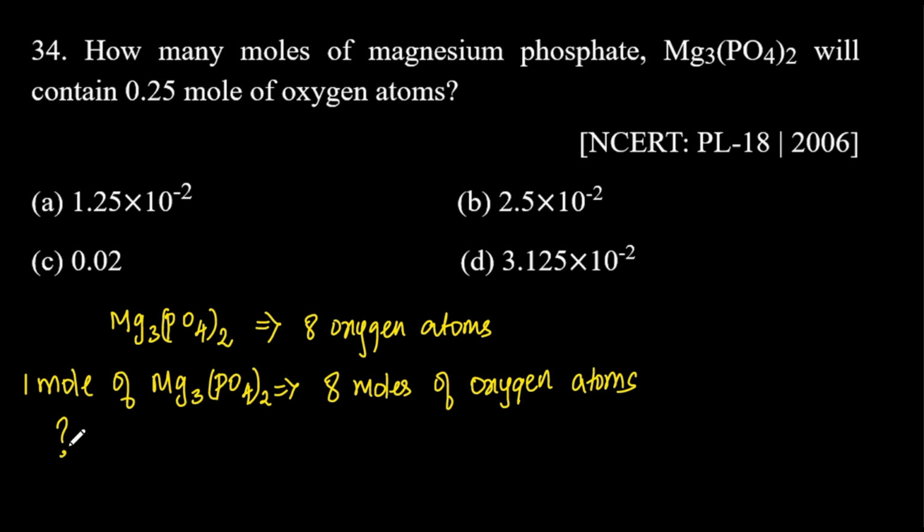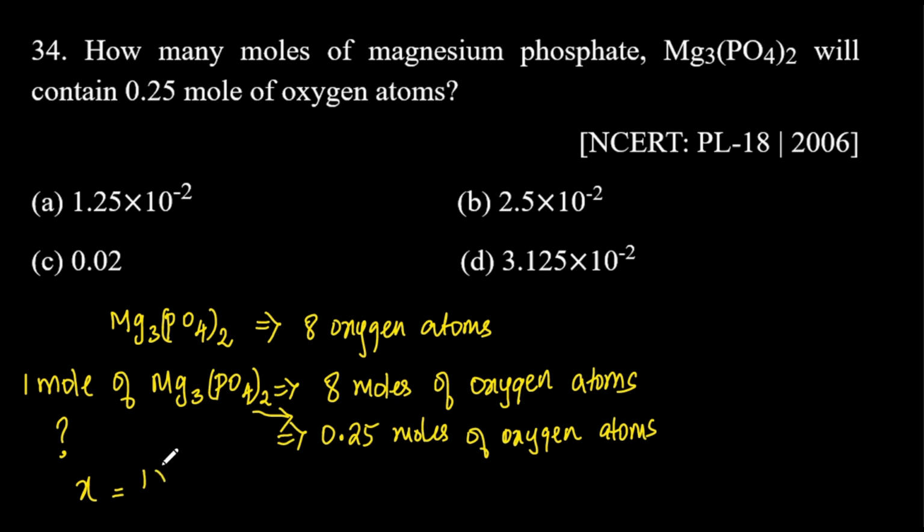Therefore, how many moles of magnesium phosphate contains 0.25 moles of oxygen atom? So we can do cross multiplication to find the number of moles x. So if you do cross multiplication, x is equal to 1 into 0.25 divided by, here you are having 8.